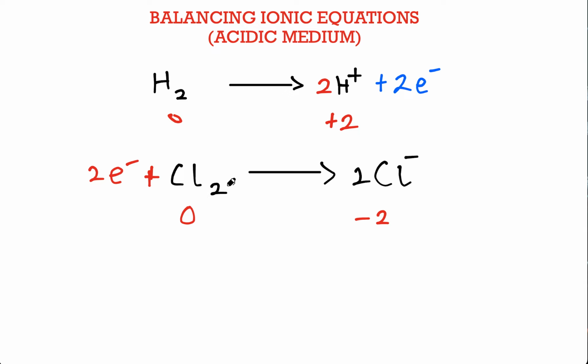So note that very well. Another way you can see this is that there is an increase in oxidation state for oxidation, and a decrease in oxidation state for reduction. From 0 to -1, that's a reduction, and from 0 to +1, that is oxidation.